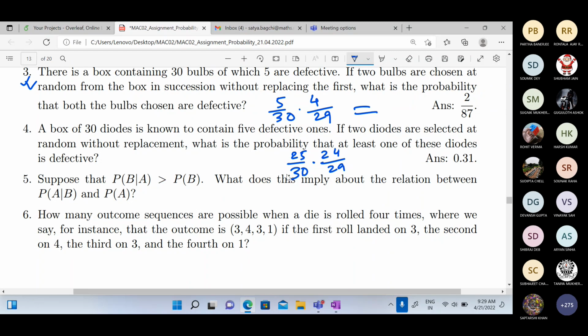So the probability that at least one is defective is 1 minus this. You can think this way and simplify, and we'll get the answer.